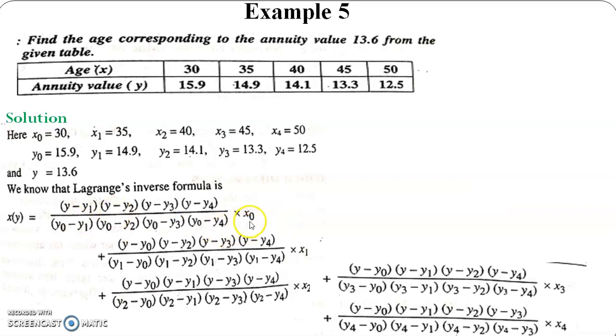Right? x0, x1, x2, x3, x4 like this. Okay. Leave the corresponding y value, that is y0 here, put y1, y2, y3, y4 like this. Instead of y here, put y0 here, and similarly like this. Similarly for the second term, third term, fourth and fifth term.